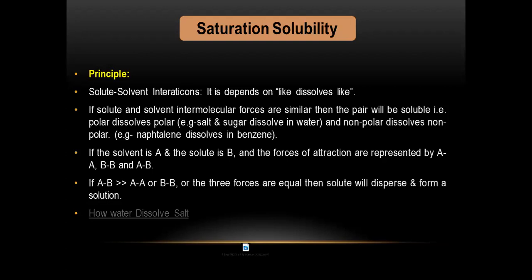So if AB is greater than AA or BB, that means the force of interaction between the solvent and solute molecules is greater than the force of interaction between the solvent molecules or the solute molecules, or these three forces are equal, then the solute will be dispersed and form a solution.